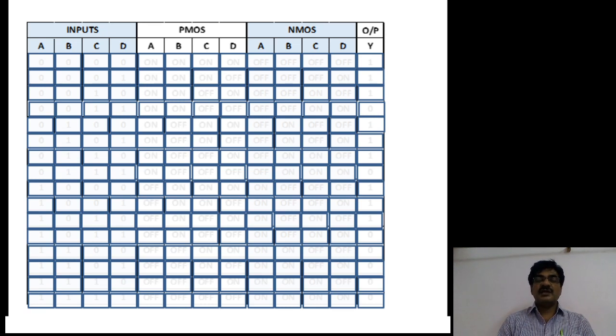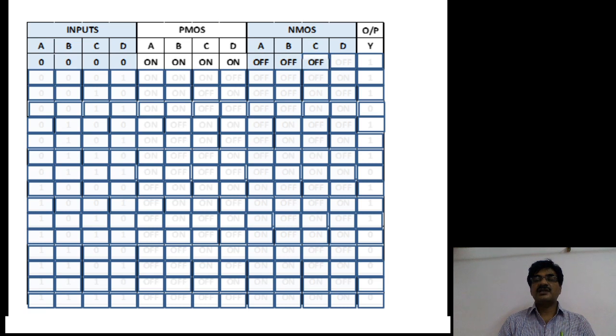Since 4 inputs means there are 16 possibilities, let us take the first possibility as 0, 0, 0, 0. With reference to 0, 0, 0, 0 input, you know the state of the PMOS transistor is on. Therefore, all the PMOS transistors are in on state. Similarly, the NMOS transistor state is off state.